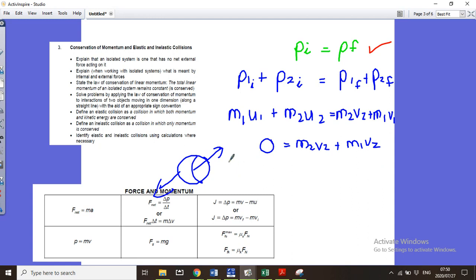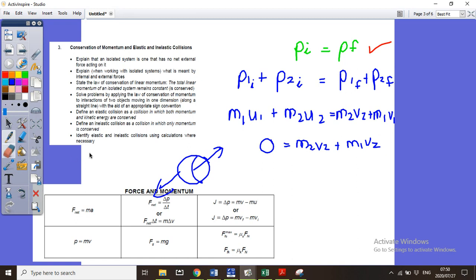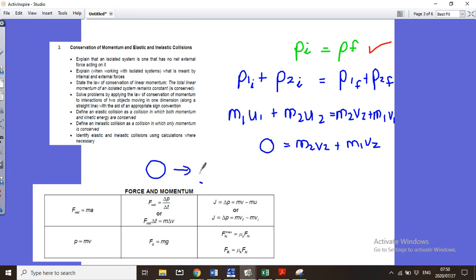And then the other one is if two objects are joined together afterwards. So if you have two objects and after they collide, they move away together. So you have object 1 hitting object 2 standing still normally, then just remember that its initial velocity is 0, and after the collision, they move as one object. You often get these types of questions as well. Then you have momentum before, so it's going to be the same M1 U1 plus M2 U2.